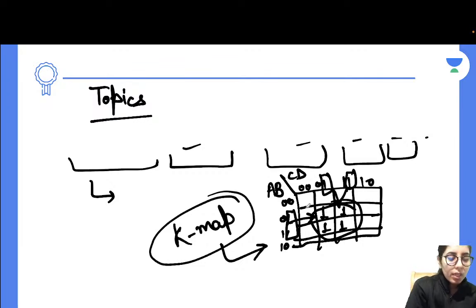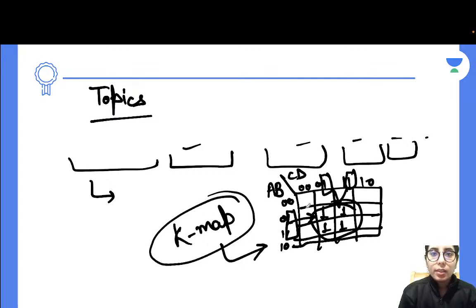If there is anybody having any doubt in this part, let me know. Otherwise, guys, the K-map is going to be the best approach for simplification. If you have a quite difficult expression to simplify to get the Boolean expression, then the K-map can help you a lot.